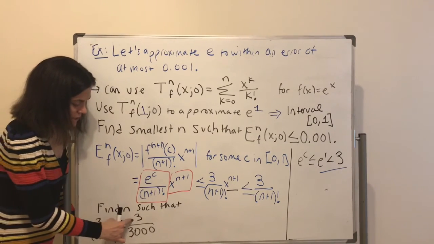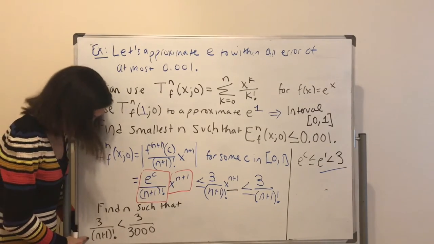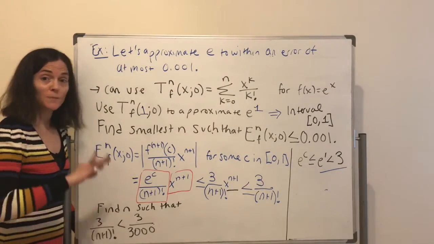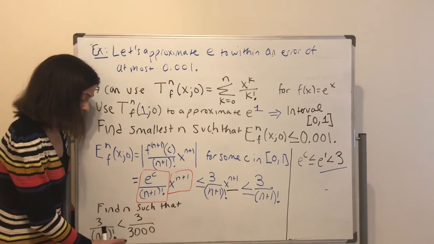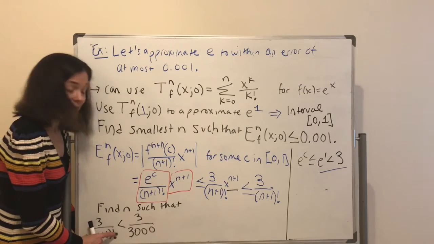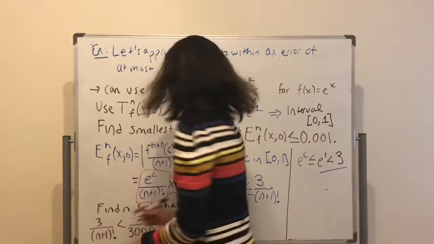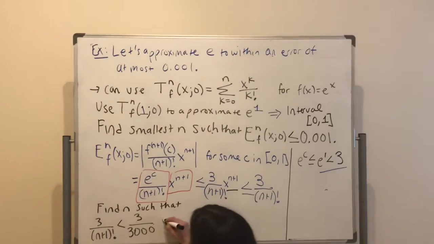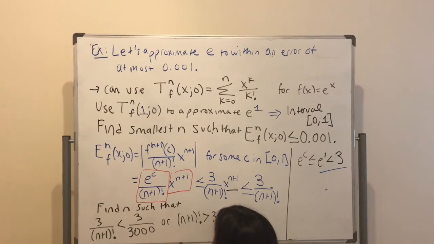This fraction and this fraction have the same numerator. If I want this less than, it says the denominator must be greater than, right? I have lined this up to help myself. So I need n plus 1 factorial bigger than 3,000.